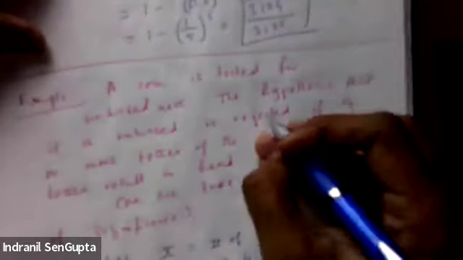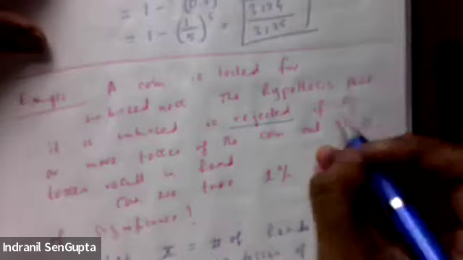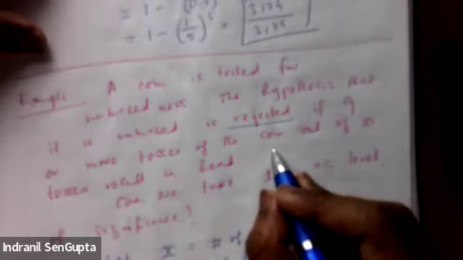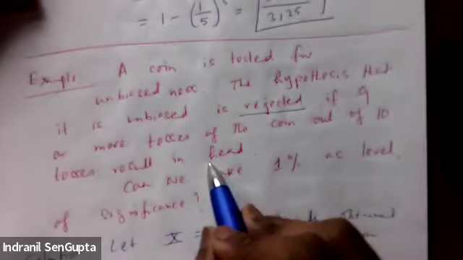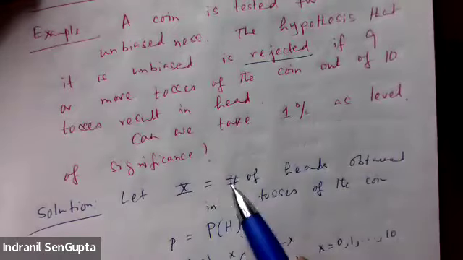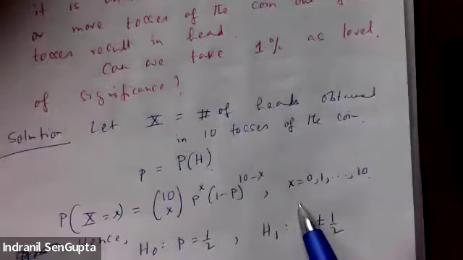Let's first identify the critical region in X. We reject if 9 or more tosses of the coin result in heads, right? So X can be 9 or more, which in our case means X can be 9 or 10.